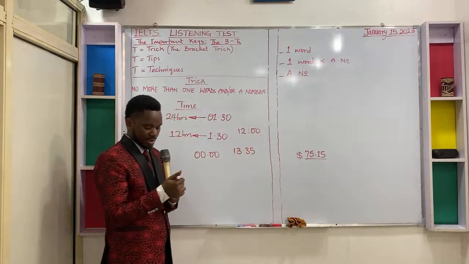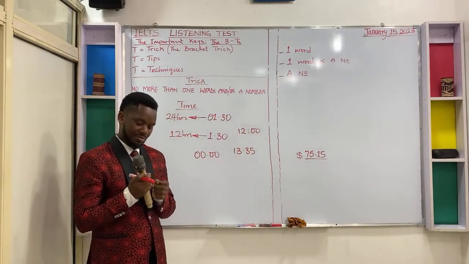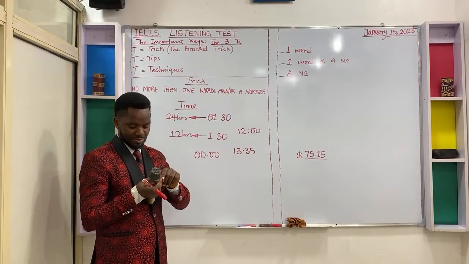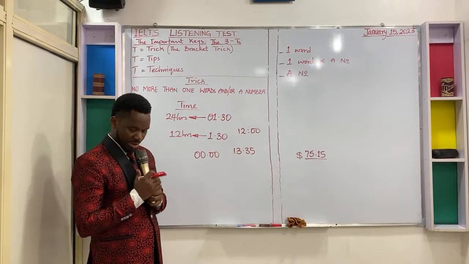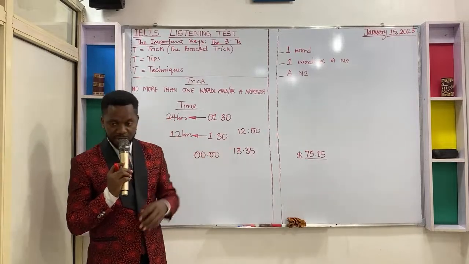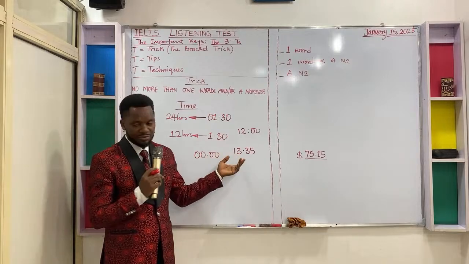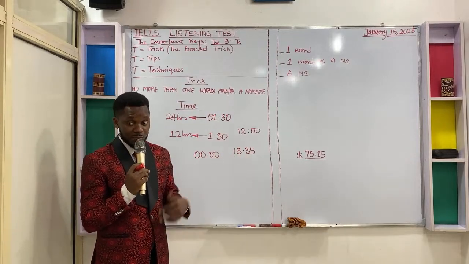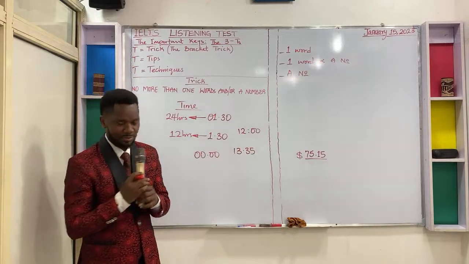What time of day is this? 12 noon. 12 PM, 12 noon. Do you agree with that? So this is 12 noon, this is 12 PM. So an hour 35 minutes after, it was still PM, right?